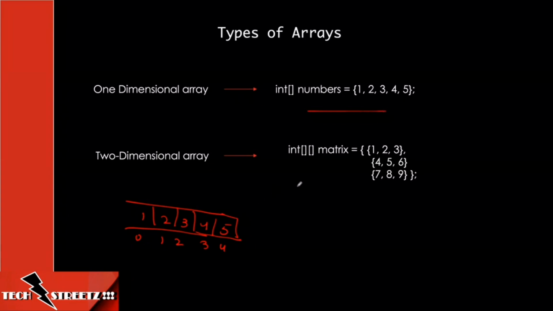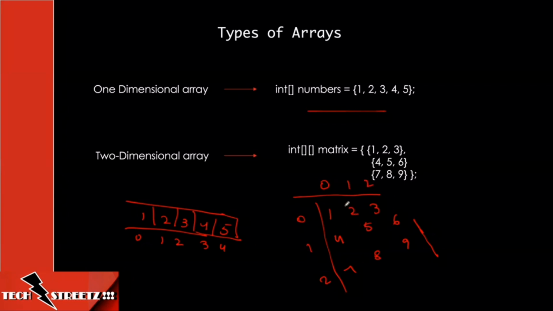This is a two dimensional array. This is how we store the array elements in a two dimensional array. Let's say 1, 2, 3, 4, 5, 6, 7, 8, 9. Each element will be represented by using an index. This is the row index and this is the column index.